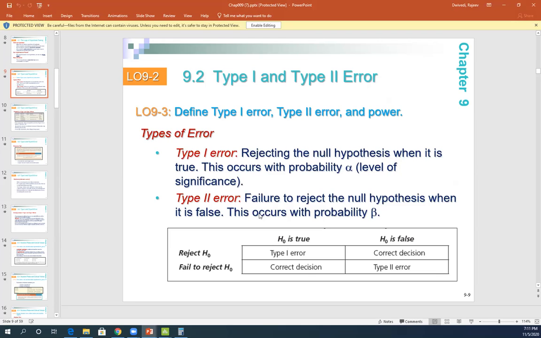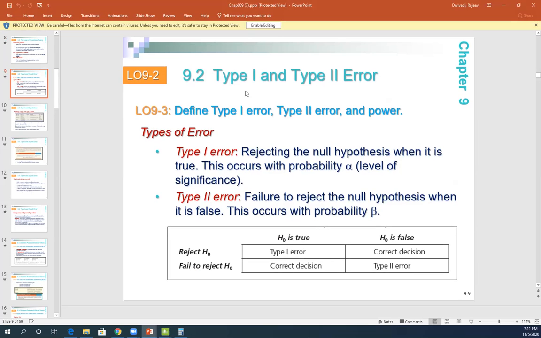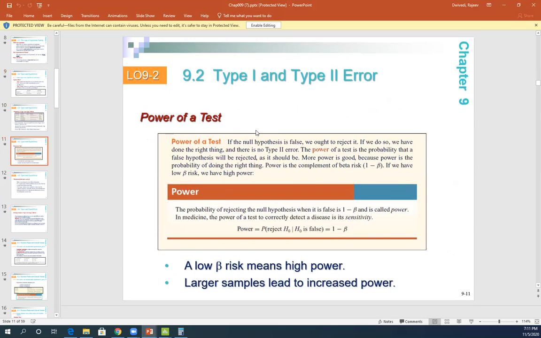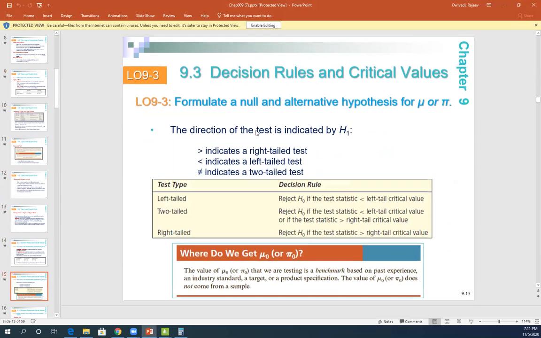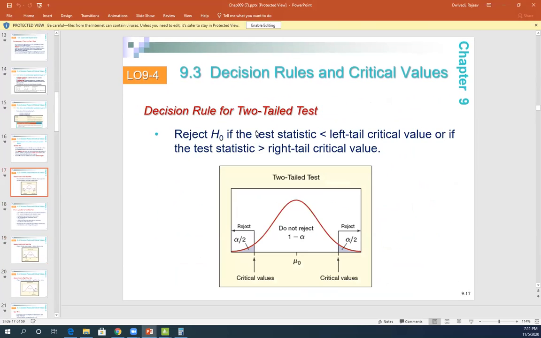So based on these two, errors are possible in hypothesis testing, which are called type 1 error and type 2 error. So basically here you can see the two-tail test, when you do the equal and unequals.